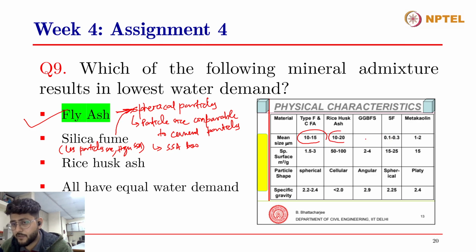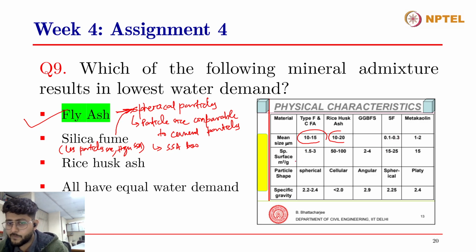For GGBFS it is not mentioned, because you can grind it. It comes in a granulated form, and you need to grind it to the fineness that you want, while these ashes or silica fumes come directly in a very fine state. Metakaolin also is very fine, whereas silica fume is the finest among all these supplementary cementitious materials.